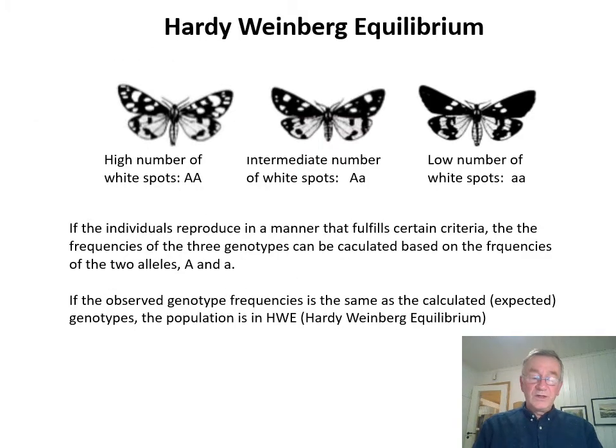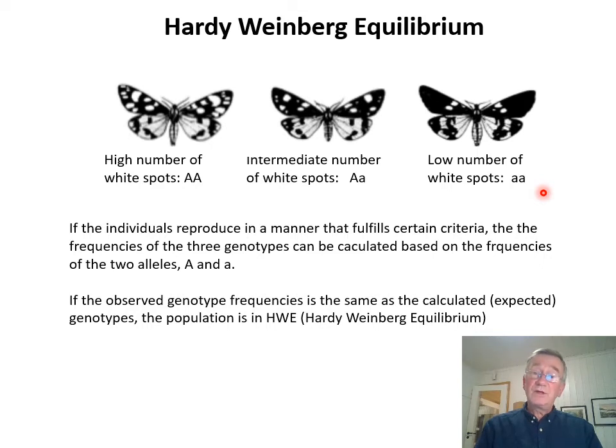So we just saw how we can calculate the allele frequency. If individuals in a population reproduce in a manner that fulfills certain criteria, as we will talk about in the next slide, the frequencies of the 3 possible genotypes, homozygous dominant, heterozygous, and homozygous for the recessive allele, can be calculated based on the allele frequencies.